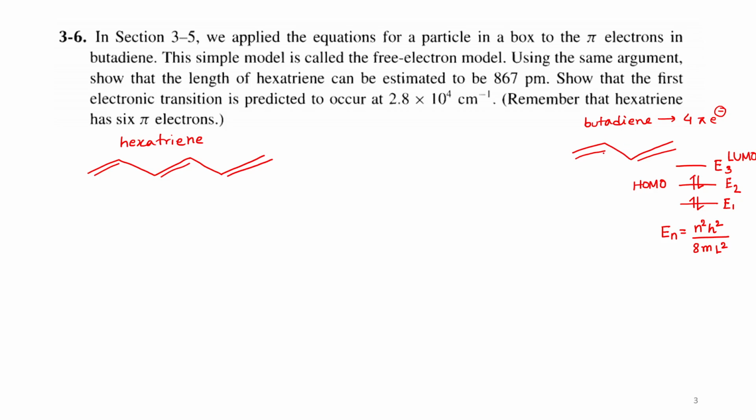Earlier, what we discussed was butadiene. From here, what do you see? How many pi electrons are there? Six pi electrons, right? Now if we consider the similar particle in a box model, what do you think about the energy levels? Suppose this is my energy scale.